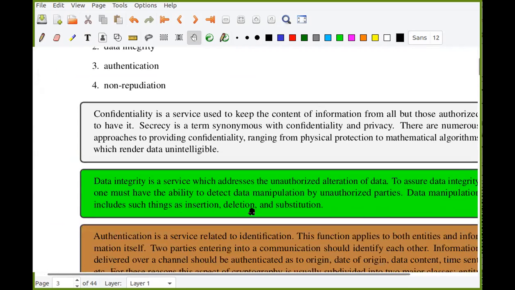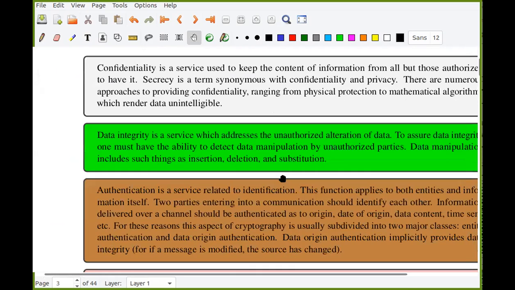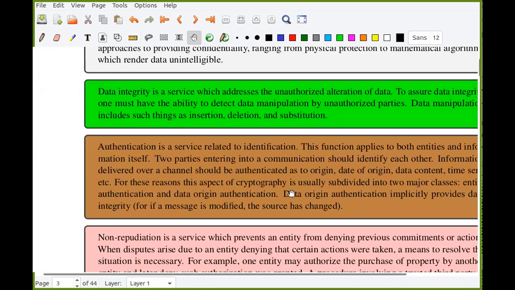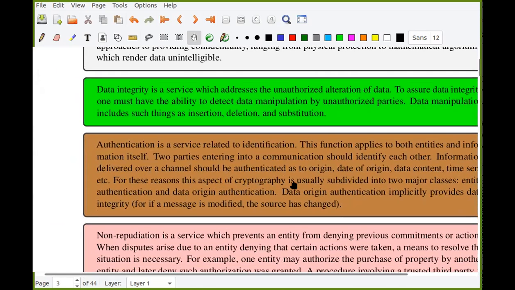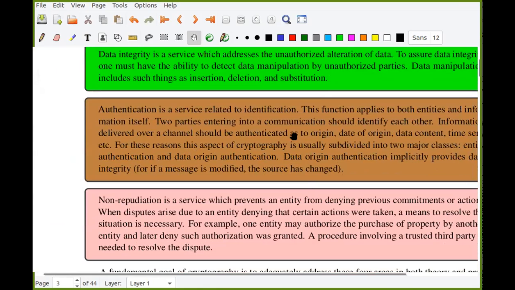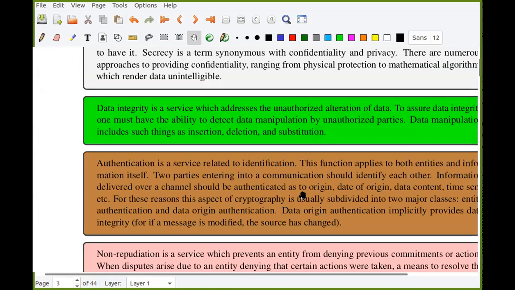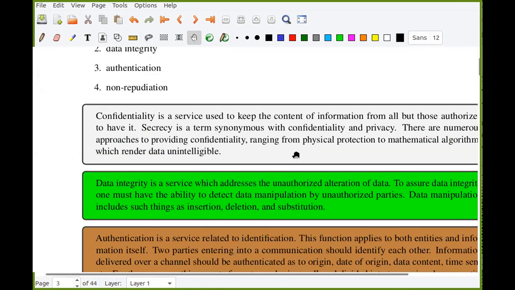So the cryptographic goals are confidentiality, data integrity, authentication, and non-repudiation. Whatever crypto system you are studying, we need to see whether all four of them are tackled by it, or which of them can be tackled.